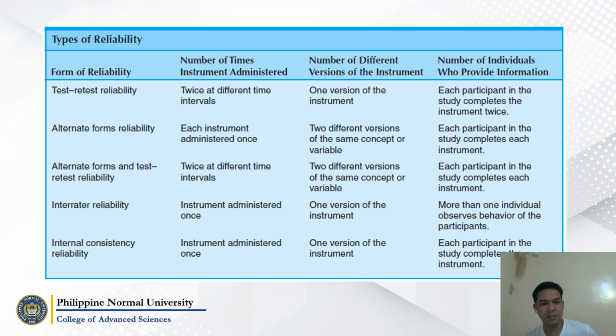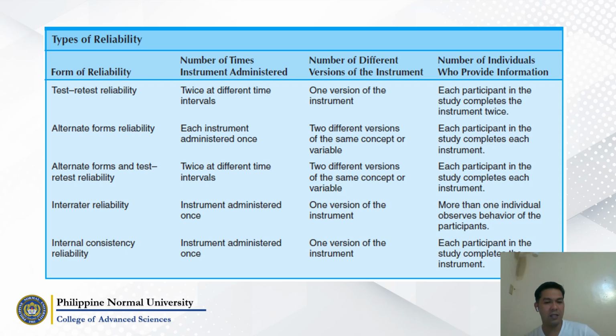Each instrument is administered once, two different versions of the same concept or variable, and each participant in the study completes each instrument. We also have the alternative forms and test-retest reliability, twice at different time intervals, two different versions of the same concept or variable, and each participant in the study completes each instrument.